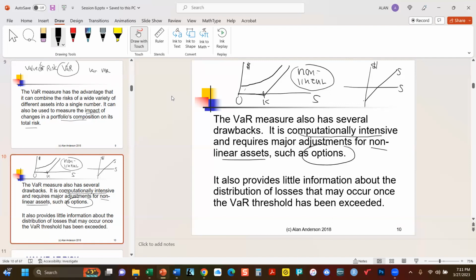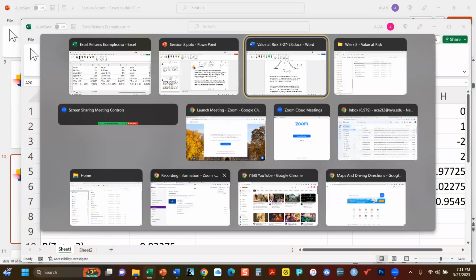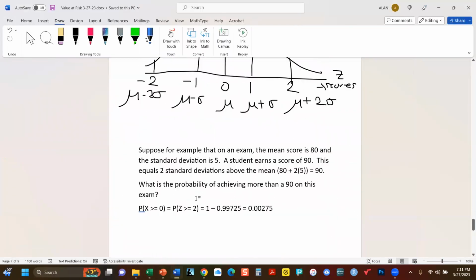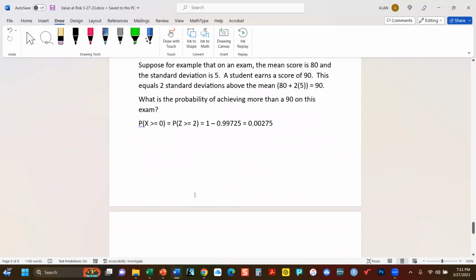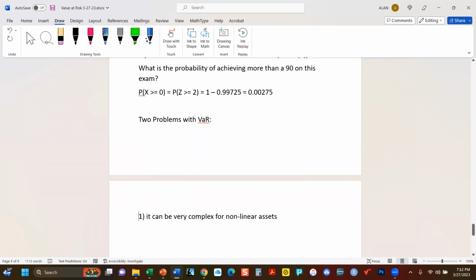Also, let's call this two different problems with VAR. Number one, it can be very complex for nonlinear assets, such as options being the classic case of that.